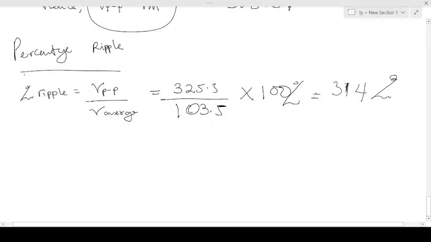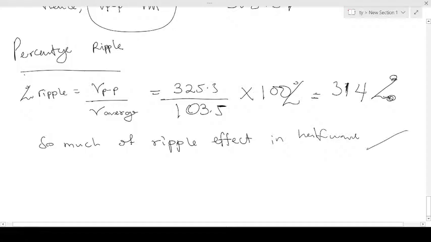That shows you how much ripple is in half-wave rectification. There is so much ripple in half-wave rectification, which we know is a disadvantage of half-wave rectification.